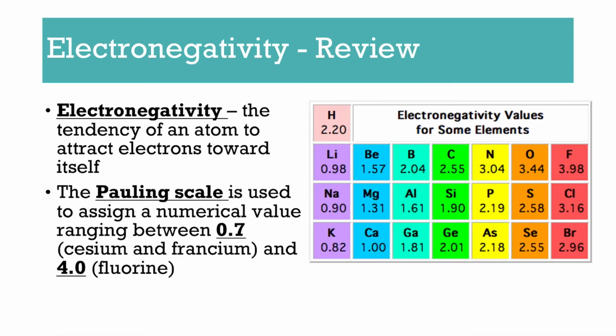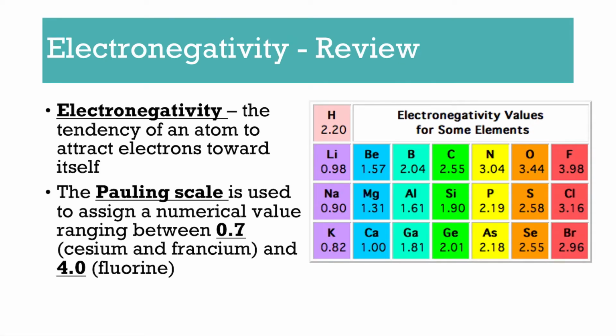And so again, just a quick review on electronegativities. Electronegativity is defined as the want or the tendency to gain or attract electrons. So these nonmetals are going to be more electronegative than metals, but since we're talking just about nonmetals right now, table S has your values.